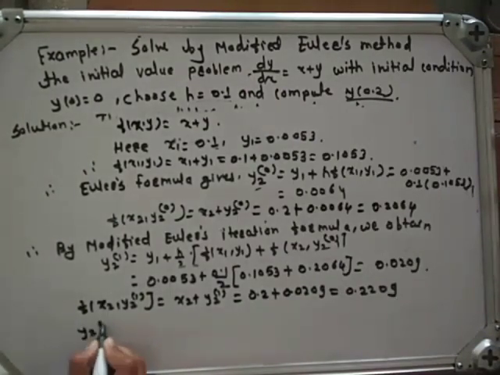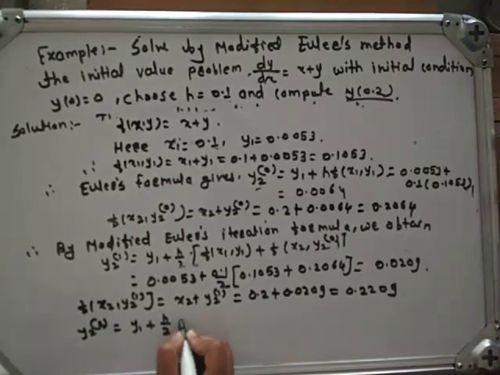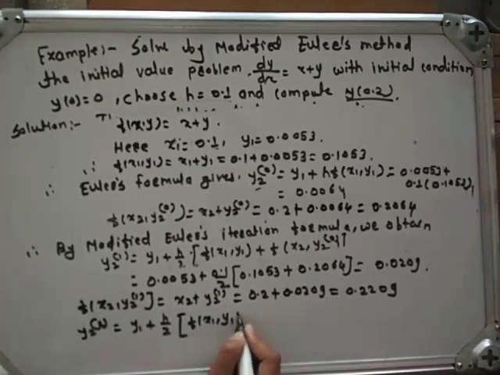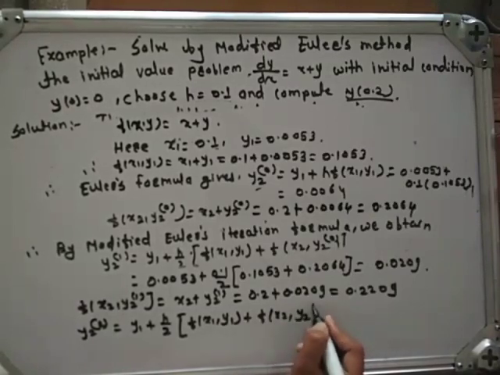So y2 2 is equal to y1 plus h by 2 into f of x1, y1 plus f of x2, y2 1.